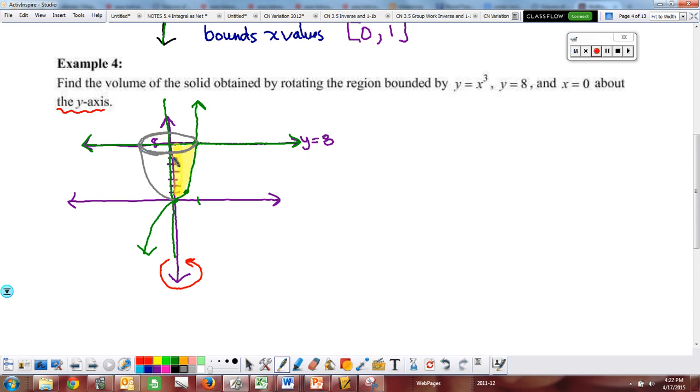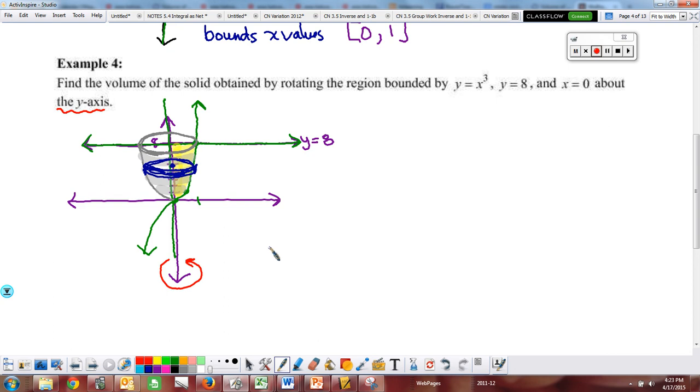And now I need to remember, you always slice perpendicular. So because my axis of rotation is now vertical, I'm thinking to myself that I'm slicing it horizontally now. So when I draw in my representative little slice, I'm going to draw it so that it is horizontal. And so the disc that we're looking at now is going in a horizontal fashion.